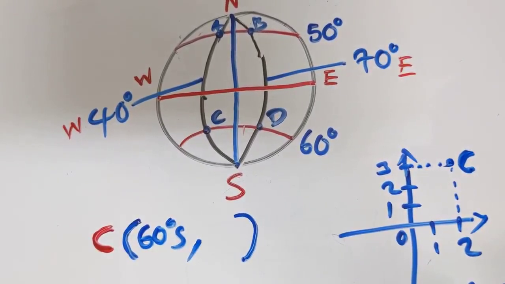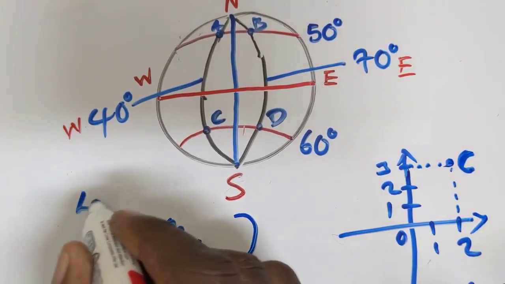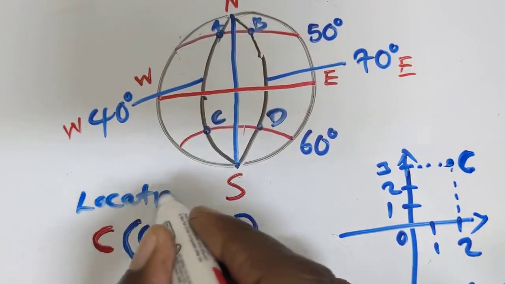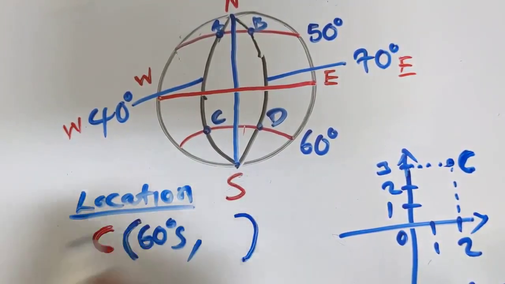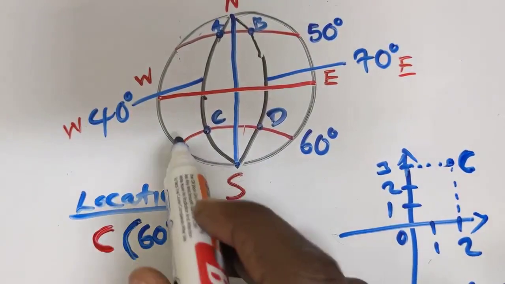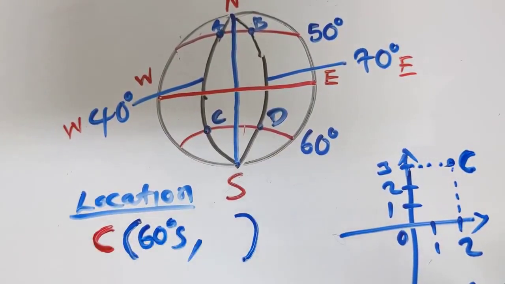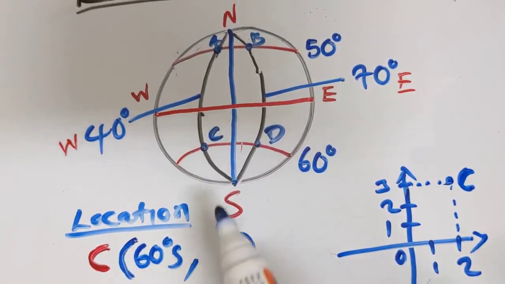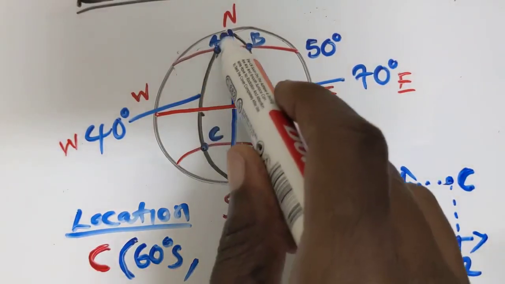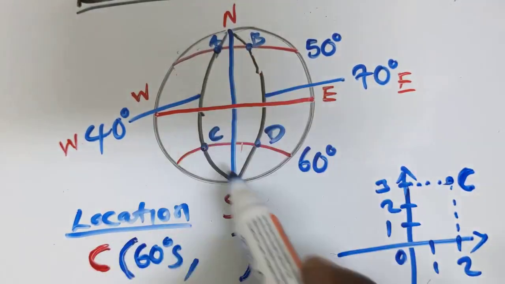So we are just finding the location of a point. C is in latitude 60 degrees south. How about the longitude? Where is it in the longitude? This is the longitude where C lies.